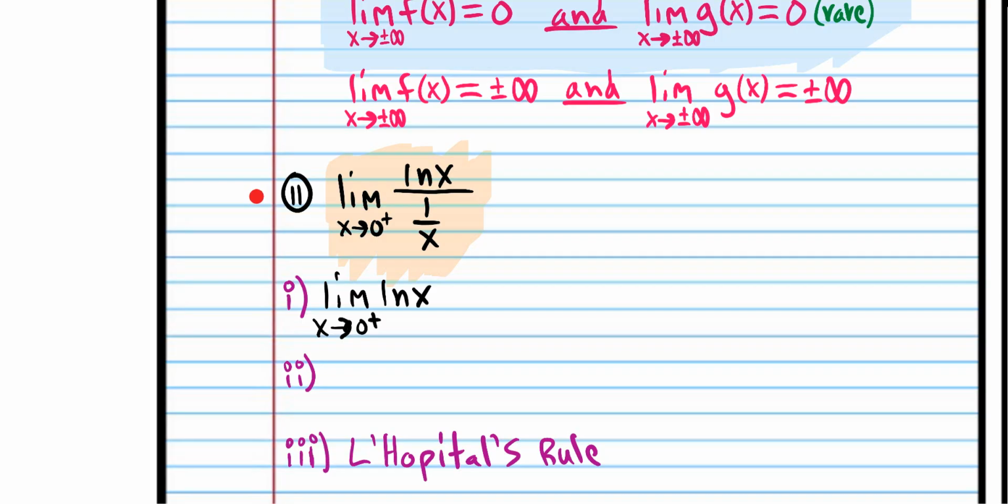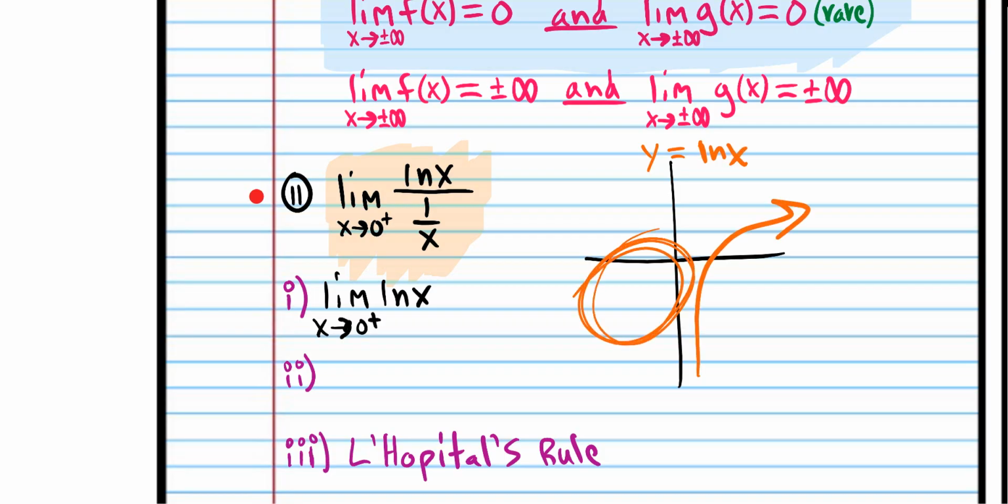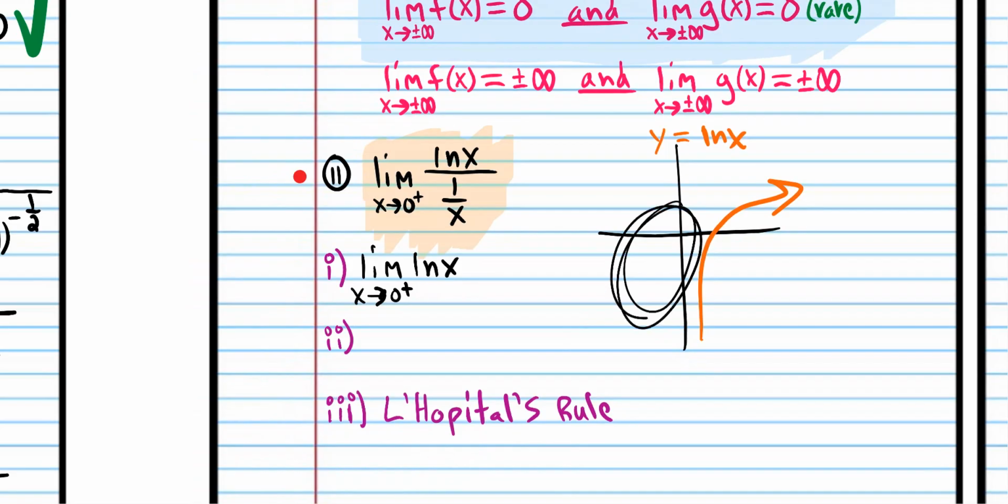Well, that's because if you graph your natural log function, you see that the function doesn't exist over here. There is no graph. You can't have 0 or negative numbers in a log function. It doesn't make any sense to say that x can approach 0 from the left, because there is nothing in terms of the expression over here at the left.